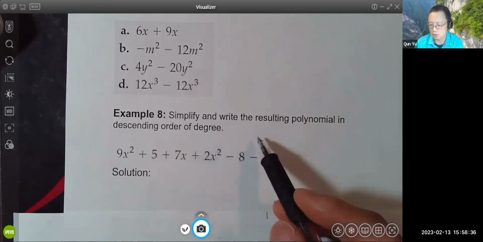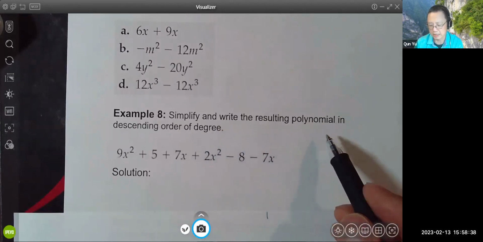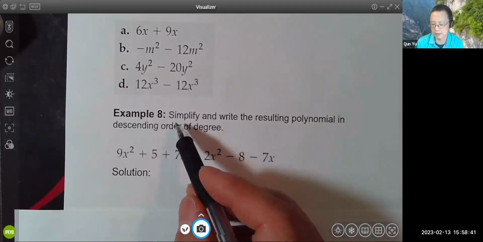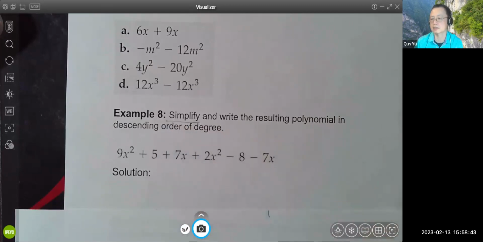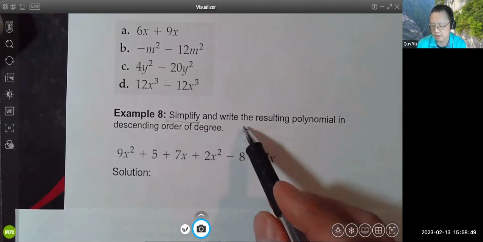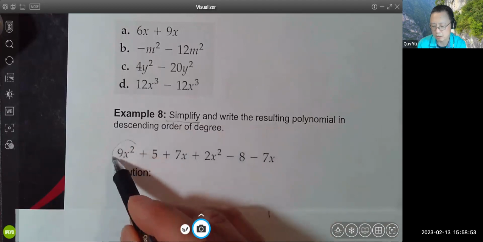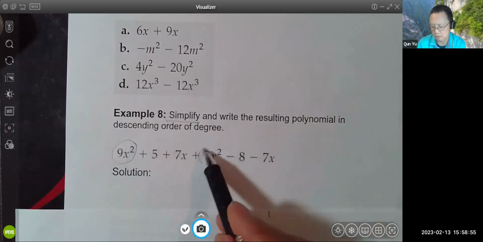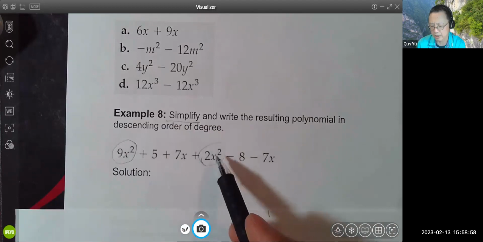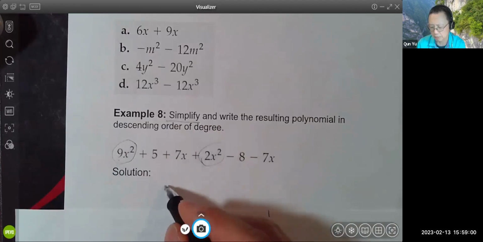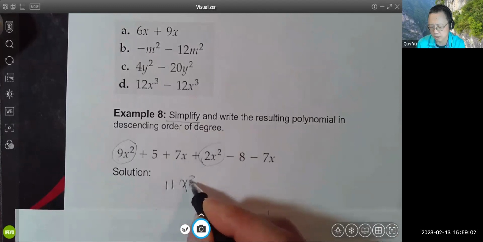Okay, we just have one more example here. Simplify and write the resulting polynomial in descending order. When they say simplify a polynomial, it's just another way to say combine like terms. So let's do that. Since we need to put it in descending order, we try to combine the highest degree ones first. So this one and this one both have second degree, plus 9, plus 2, that's plus 11 for x squared.